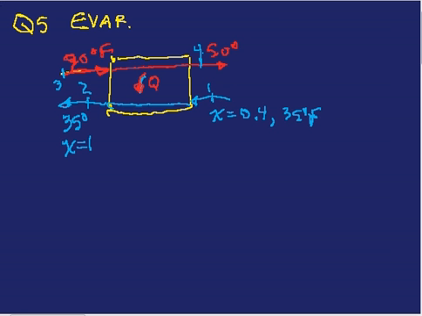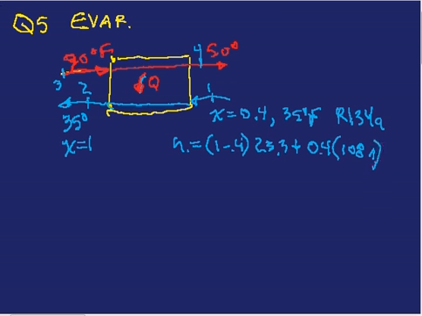Now, all we need to do to find Q is an energy balance. This is R134a. So the enthalpy here at state 1, H1, is equal to 1 minus X, 1 minus 0.4, times Hf, the enthalpy of the liquid, which is 23.3, plus 0.4, the quality, times Hg, which is 108.1.